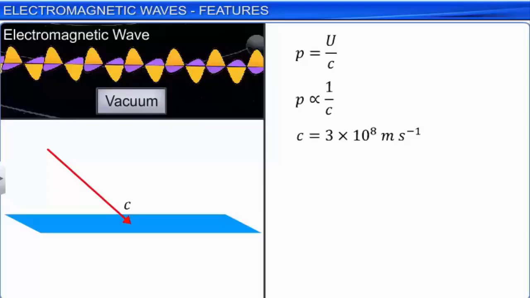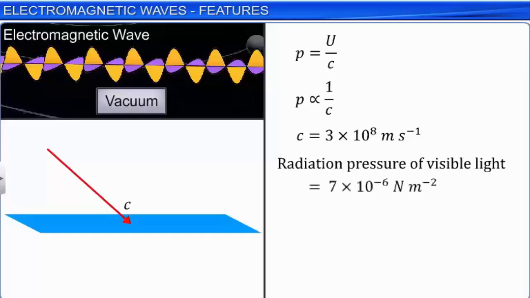The radiation pressure of visible light is in the order of 7 × 10⁻⁶ Newton per meter square. Different types of electromagnetic waves that carry energy and momentum are useful in various applications, which we will discuss in the other module.